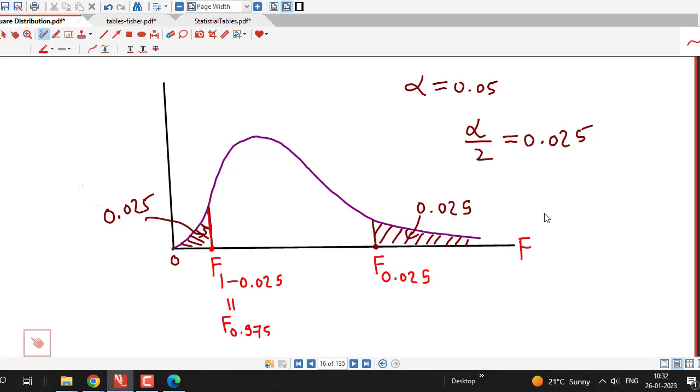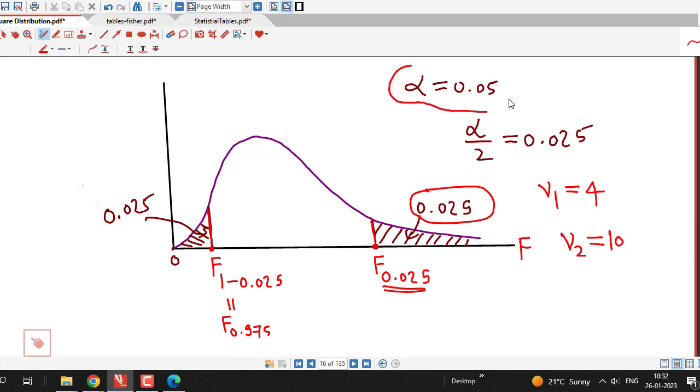So I have to decide what are the numerator and denominator degrees of freedom. Suppose we consider nu1 equal to say 4 and nu2 equal to say 10. And for the table we have to use the area to the right side of this point as the level of significance while using the F distribution table.